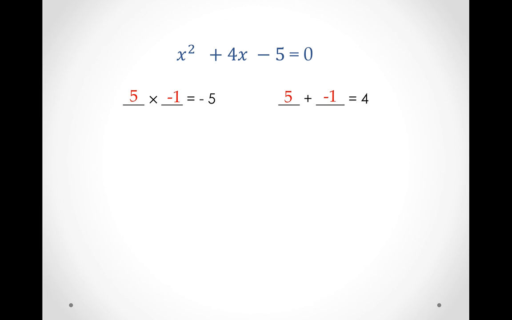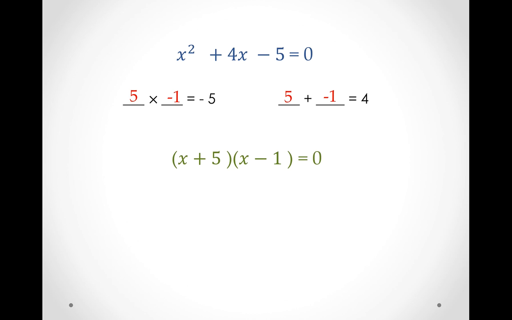These solutions would be 5 and minus 1, times together to give minus 5, and 5 plus minus 1 equals 4. Place these two solutions that you found into your brackets. So it'd be x plus 5 and x minus 1 equals 0.